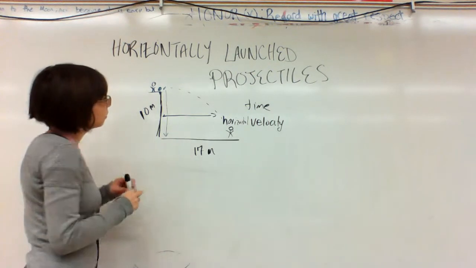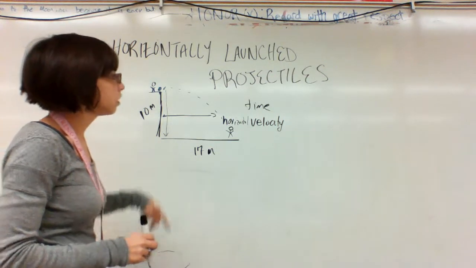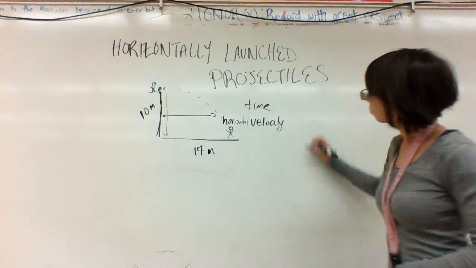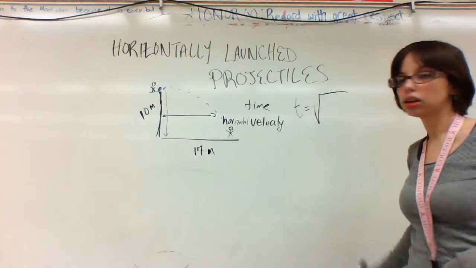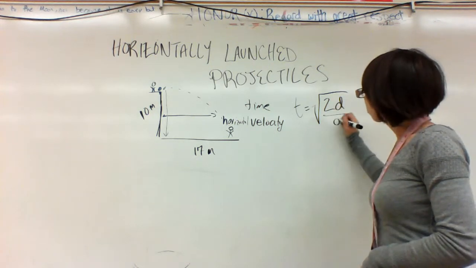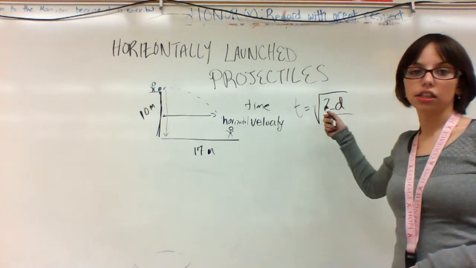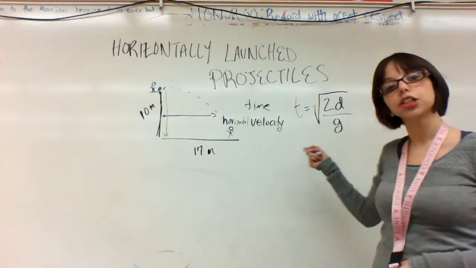So, I'm going to find how much time it takes for it to get from here to here using the formula time equals the square root of 2d over g. D is your vertical displacement, and g is your acceleration due to gravity.